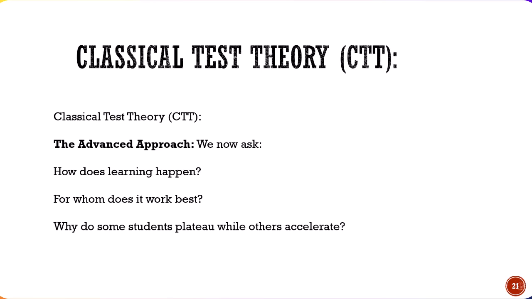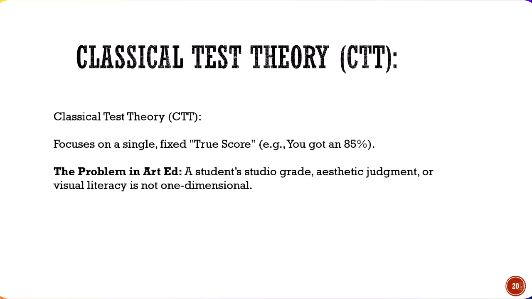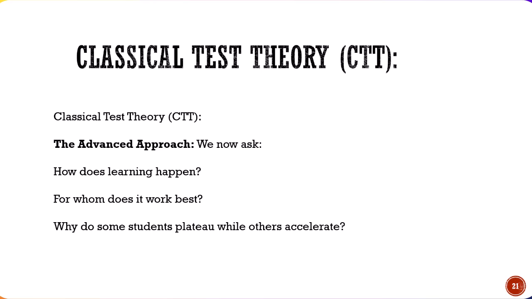Basically, we use it to ask simple questions like how does learning happen, has learning taken place, or what's the best way to do a particular piece of work. These are things that classical test theory is able to answer.